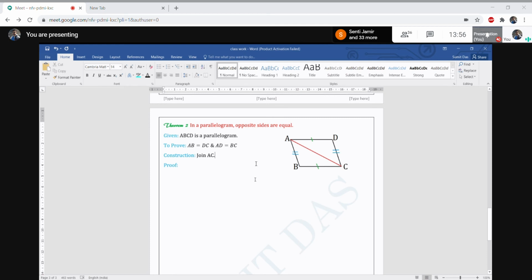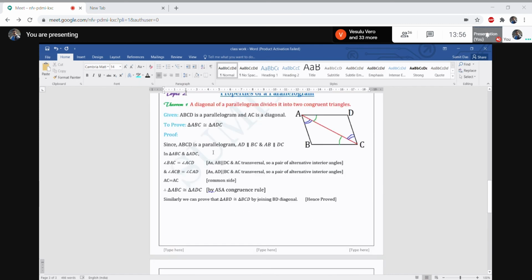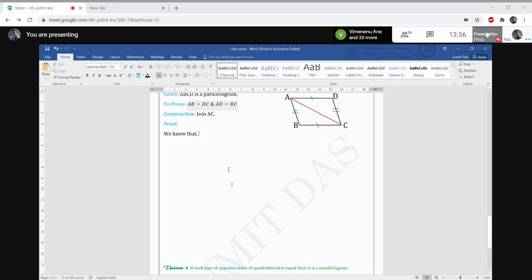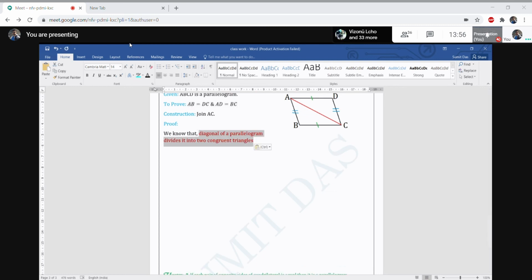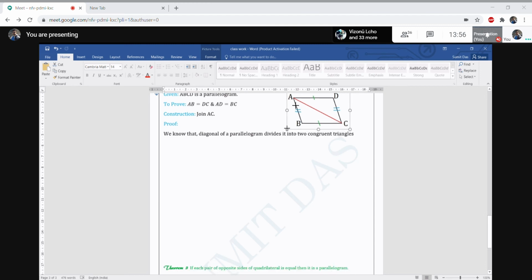So now for the construction, we join AC. Now for the proof we will use our previous theorem. We know that the diagonal of a parallelogram divides it into two congruent triangles, right? We just learned this.